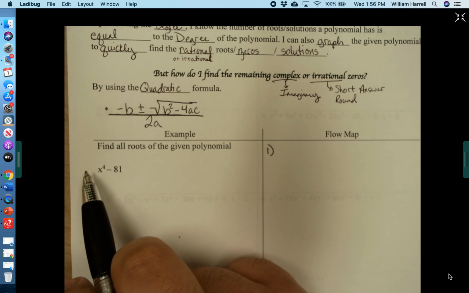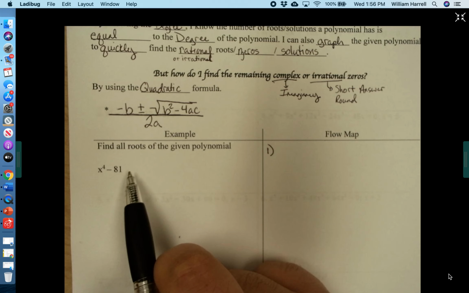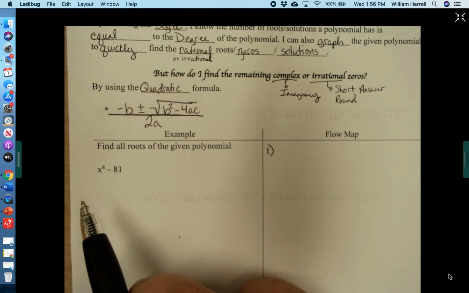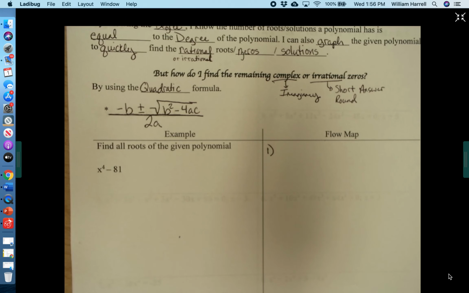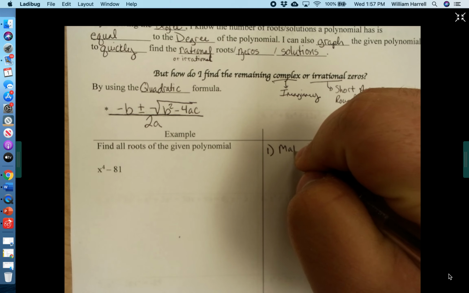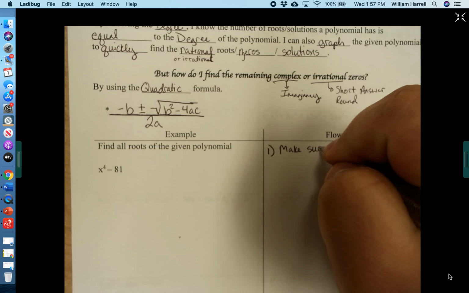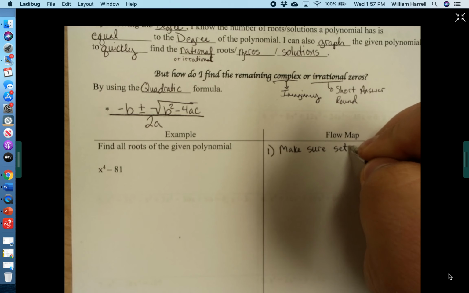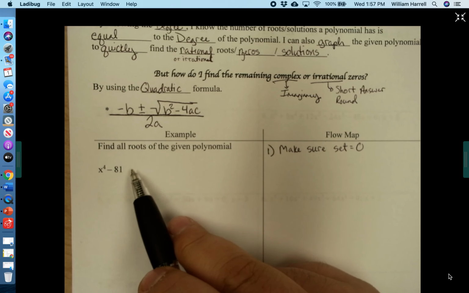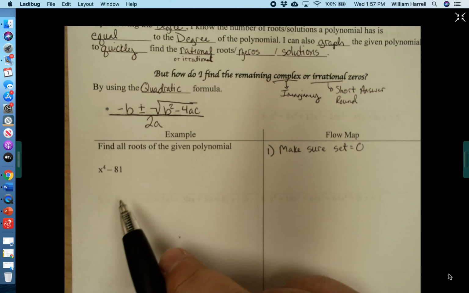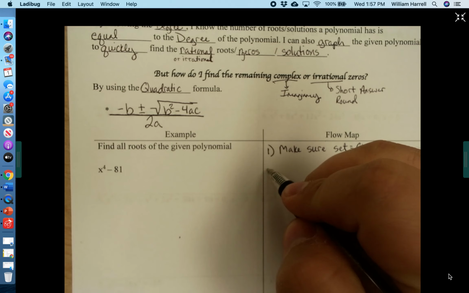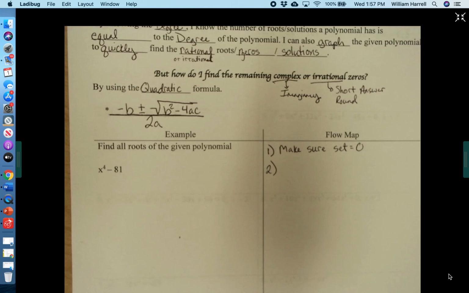If you're given an expression, expressions aren't equal to anything, so you can just move to step 2. But assuming you're given an equation, make sure it's set equal to 0. If it's not, then you'll have to do some work with it, but here we don't have to.